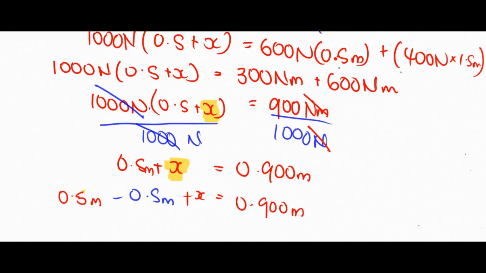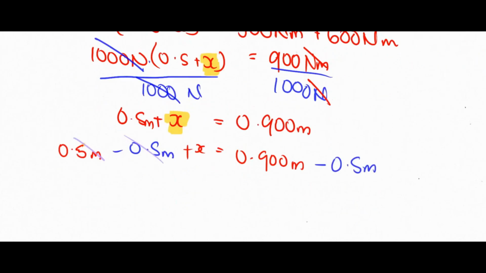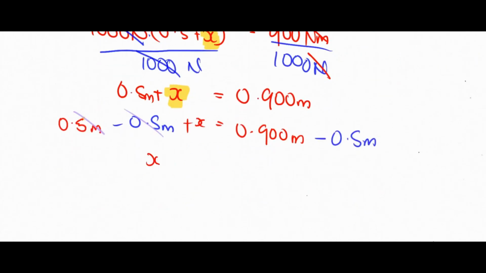Whatever you do on one side, you have to do on the other side, so we subtract 0.5 meters on this side as well. The statement left reads x is equal to 0.9 minus 0.5, which is 0.4. So 0.4 meters. And big up yourself.